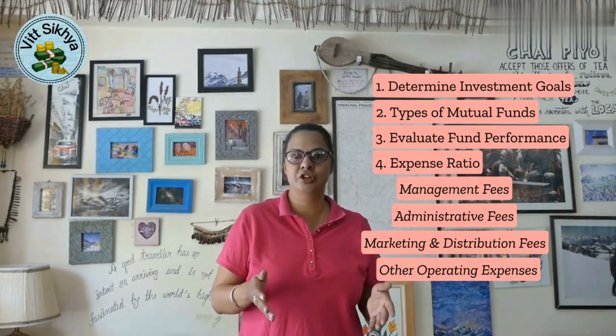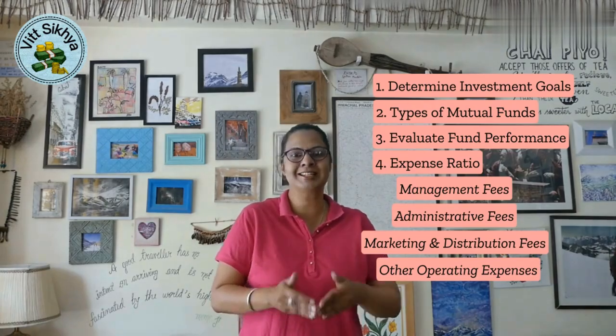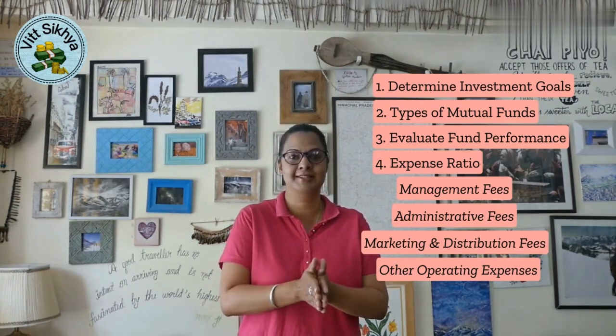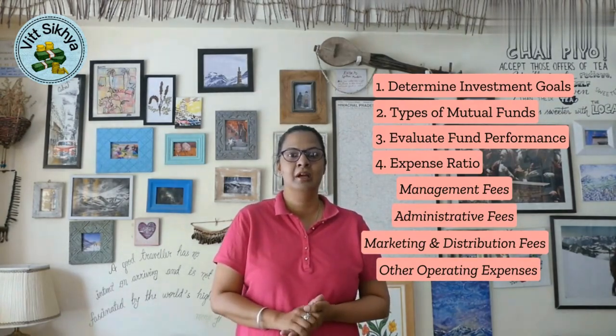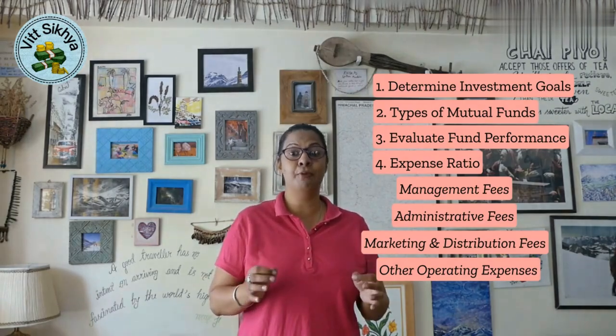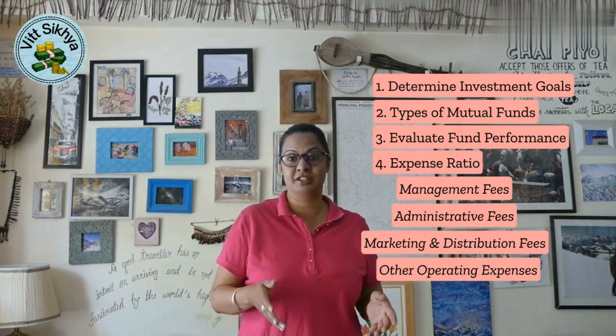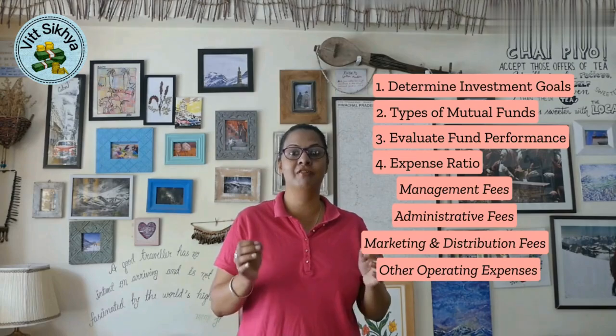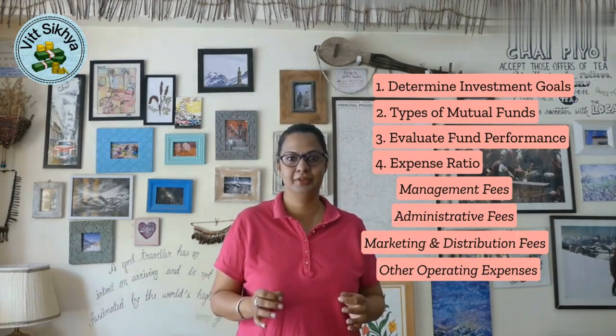A lower expense ratio is generally preferable as it leaves more of the fund's returns in the investor's hands. However, it's important to consider other factors such as the fund's performance when evaluating the overall value of an investment.